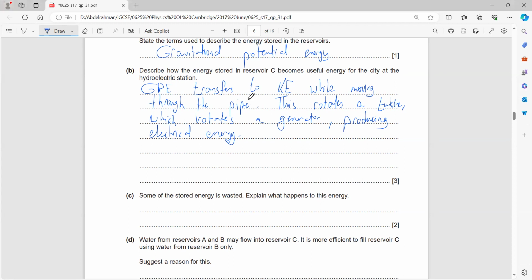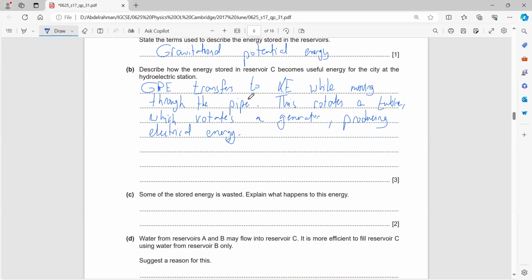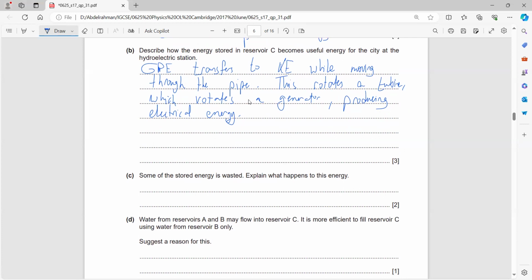Yes, someone said it. Correct. It is lost as thermal energy to the surroundings. It is lost as heat energy. Both of them are correct. Heat energy to the surroundings. Excellent.